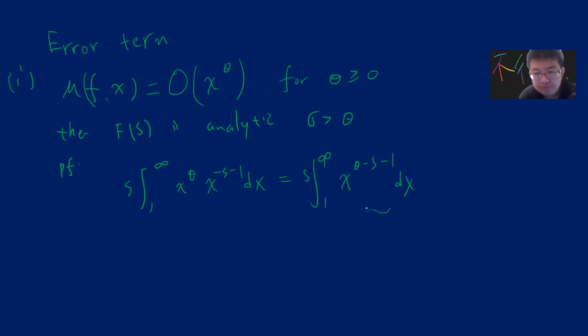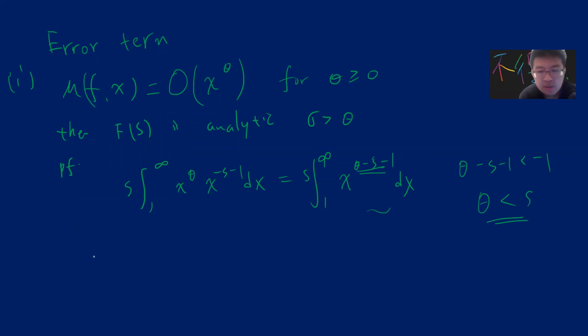In order for this to be valid, you need theta minus s minus 1 less than -1. So the condition for this to converge is s greater than theta.